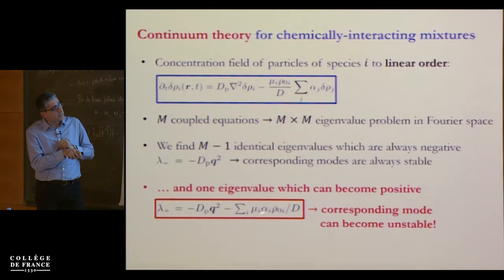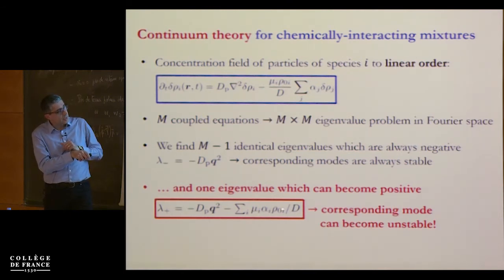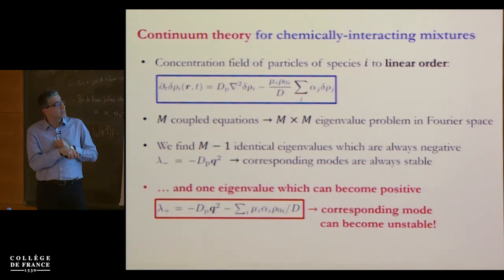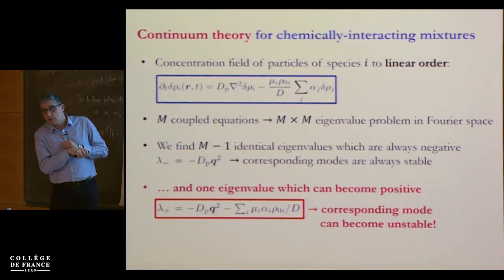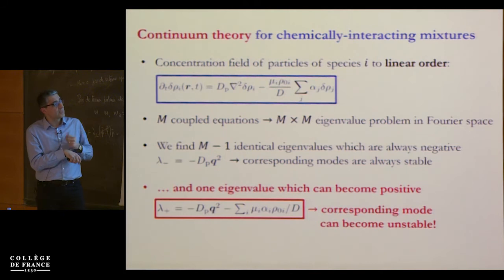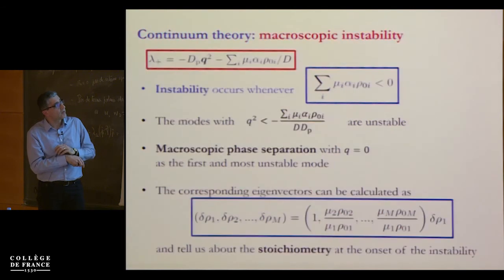This is a linear combination of the products of mu's and alphas and the initial densities of these particles, and you can tune this combination such that you change the sign and create an eigenvalue which is positive, creating an instability already for the smallest wave vector of the system. That means the system will undergo phase separation.